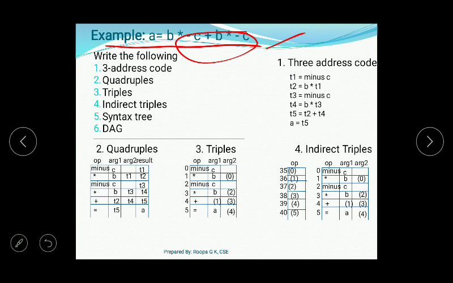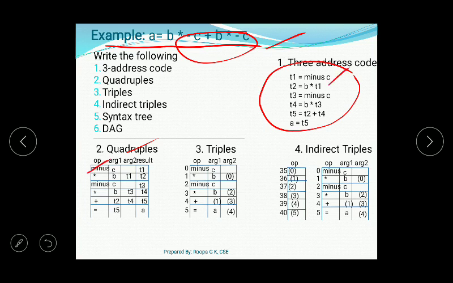Now, quadruple representation. Quadruple means there are 4 fields like this. What are the 4 fields? Op, argument 1, argument 2 and result. Op means operator. Consider this is our reference now. Minus of C. So operator is minus. So minus I wrote. What is argument 1?